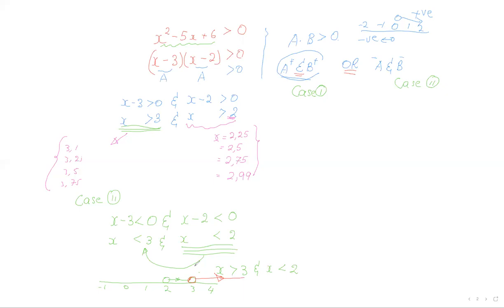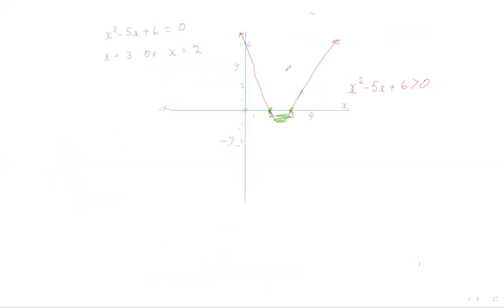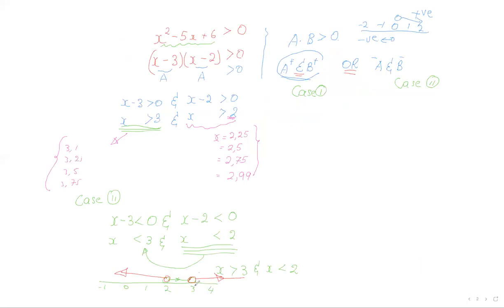X is less than 2, we go this way. Now this agrees with our parabola here. Sorry for that mistake. The parabola is not part of the solution. The solution only lies here.